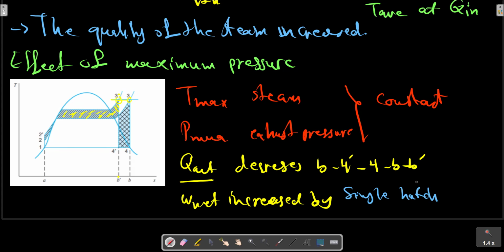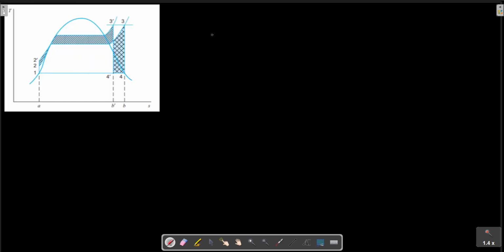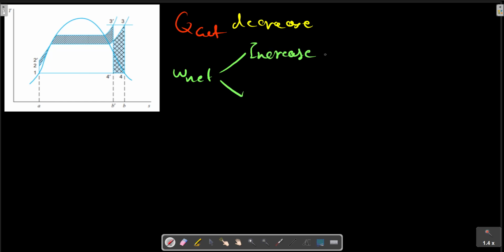Then we go from G to 4, also at constant temperature, and the decrease reaches a point B prime, isentropic to G prime, so the work increases by the single hatch, and decreases by the amount of double cross hatching.